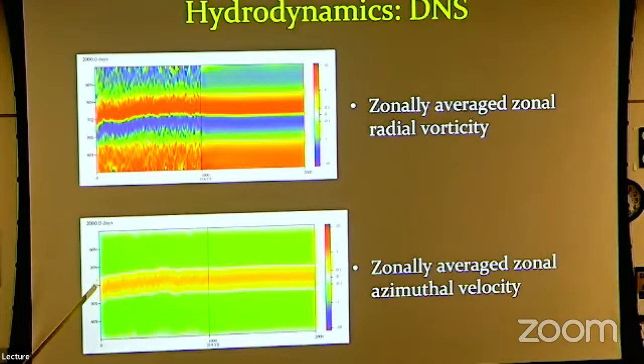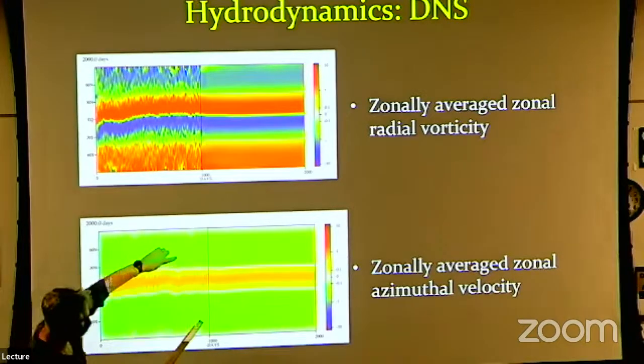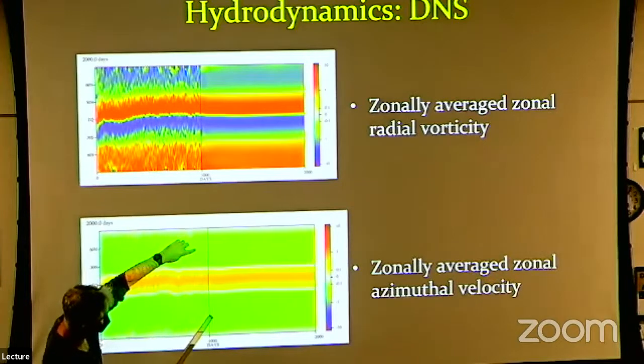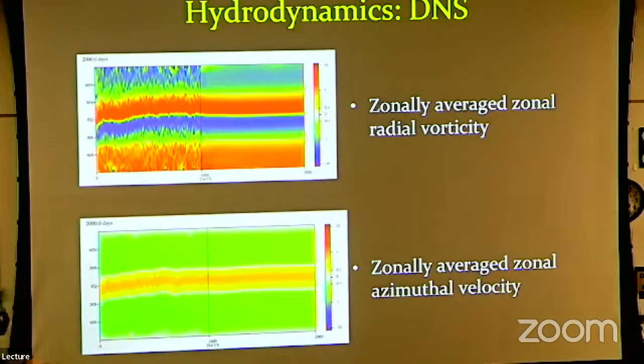So at each point in time, the zonal flow is bouncing around. Even if I've averaged in phi, it's still a function of time. But you can see there's a fairly well-established zonal flow with an equatorial jet. Towards the poles, there's a backflow, a so-called retrograde jet.